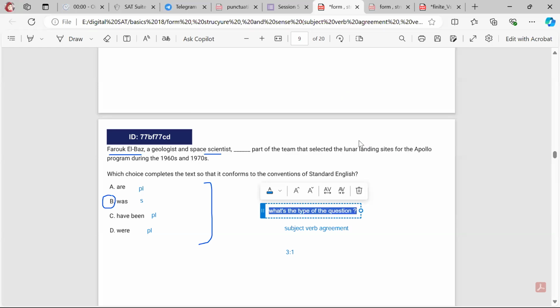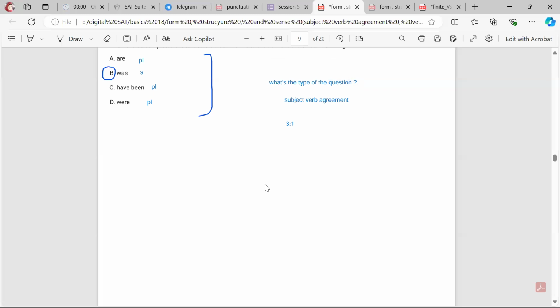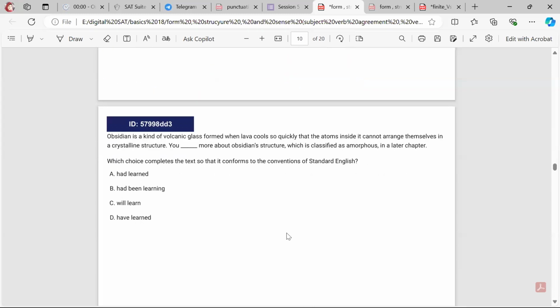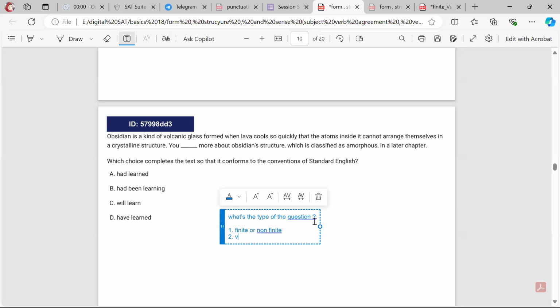I want you to tell me whether it's finite or non-finite. Number two, is it verb tense? Number three, is it subject-verb agreement?